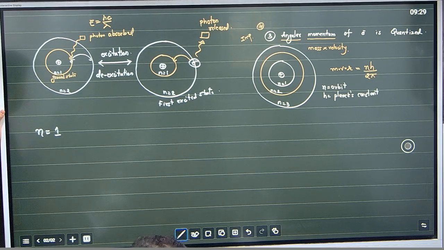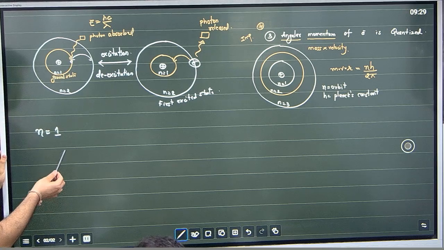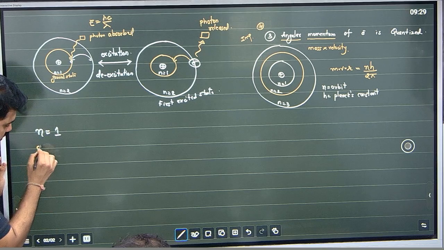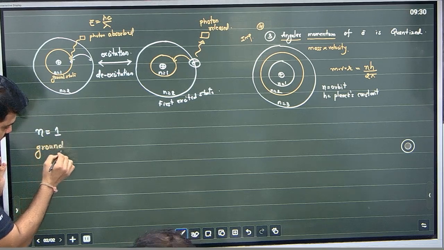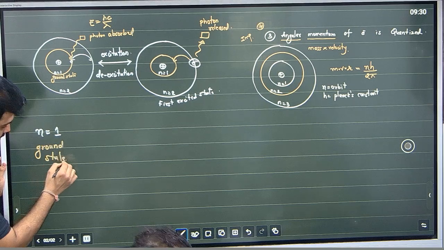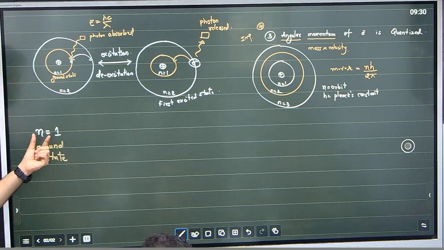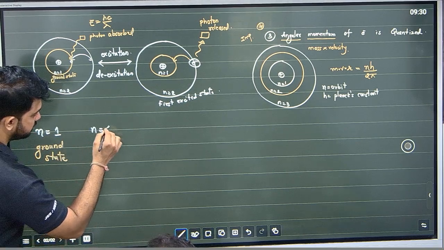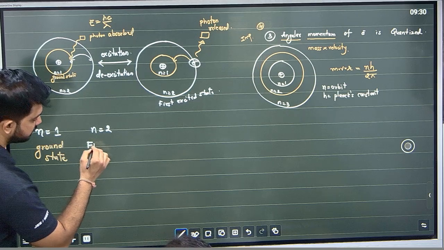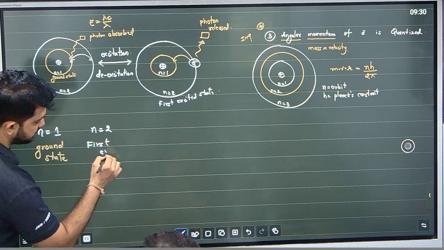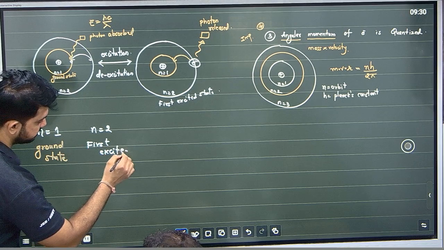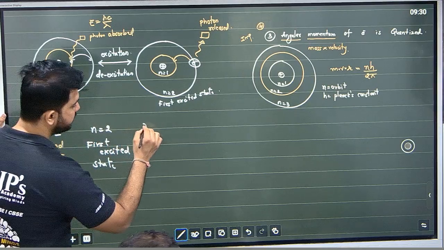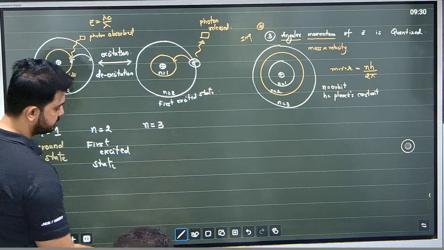Okay, so when the electron is present in the first state, we call it as ground state. If it gets excited from the first state to the second state, n is equal to 2, then it is called as the first excited state. If it goes to n equal to 3, what will you call this as?